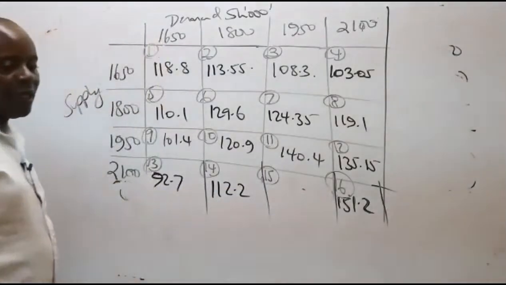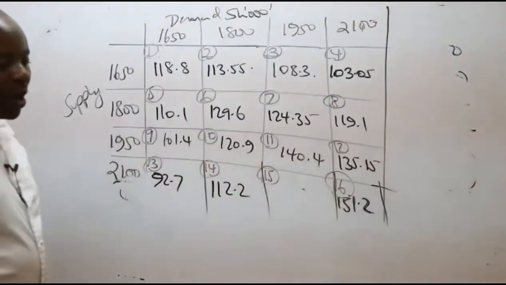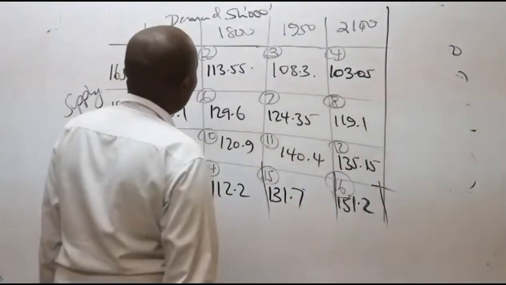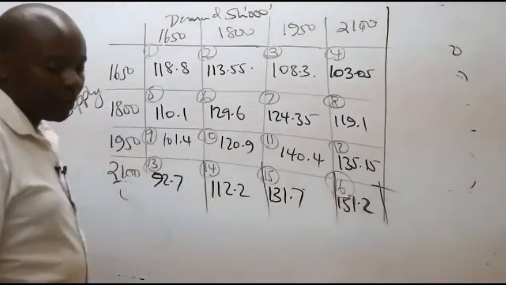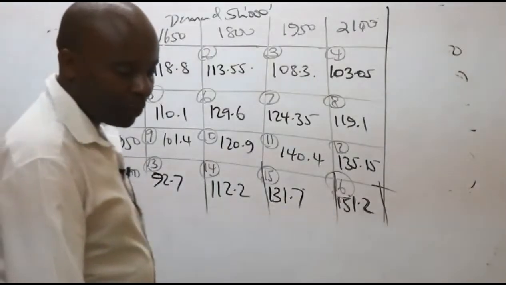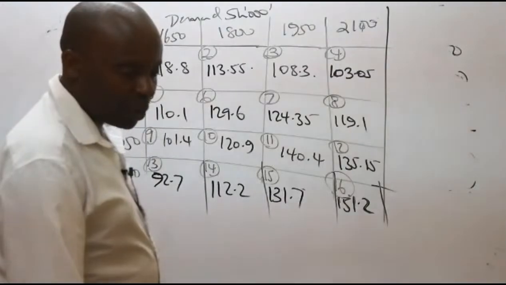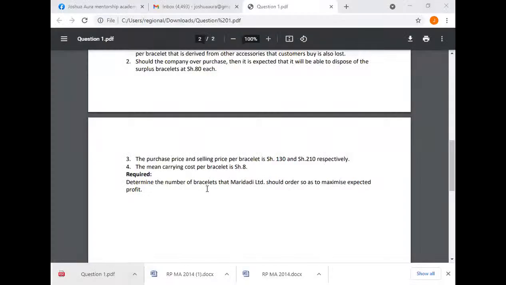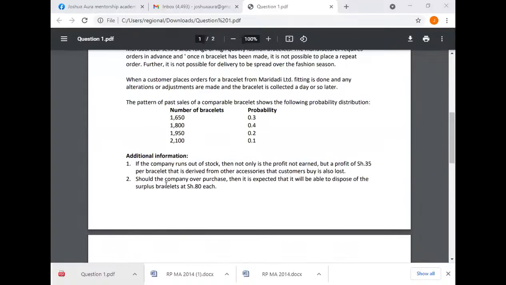The last one, cell number 15, is 131.7. Then what they expect us to do is to give them expected profits. So determine the number of bracelets that Maridadi Limited should order so as to maximize expected profit.